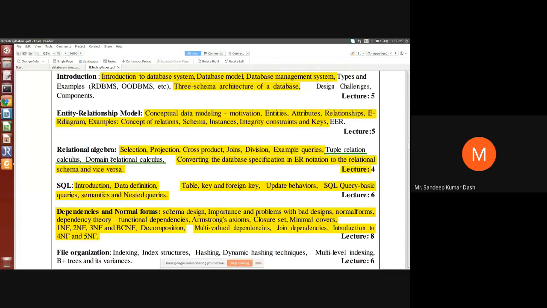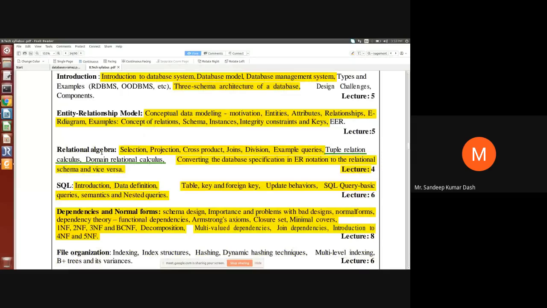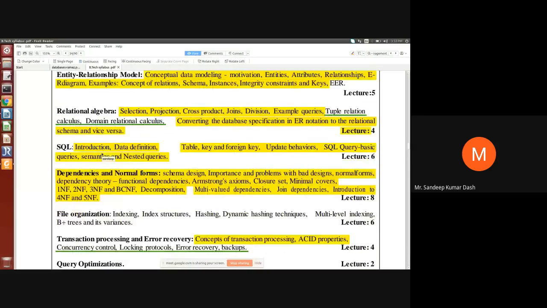Actually, this requires a blackboard. Without a blackboard, it is difficult for me to write and show the examples. That's why I have left it. Still, we'll try what we can do on TRC and DRC. The rest of the syllabus is almost complete.